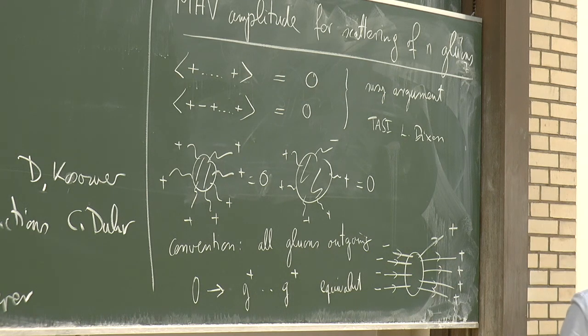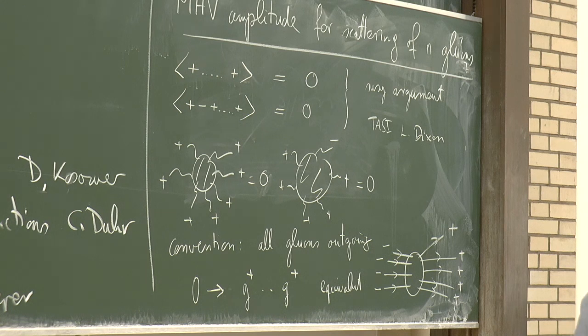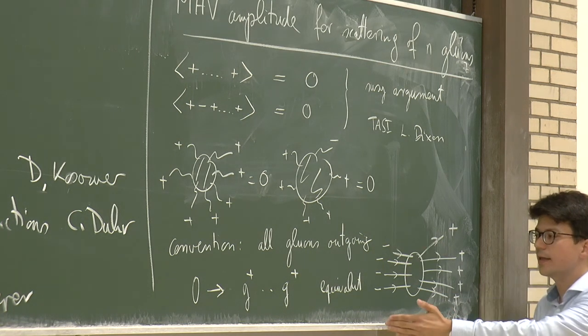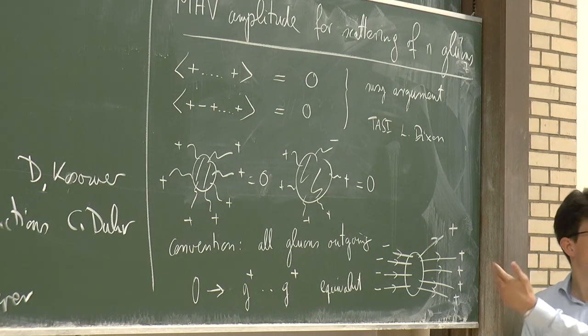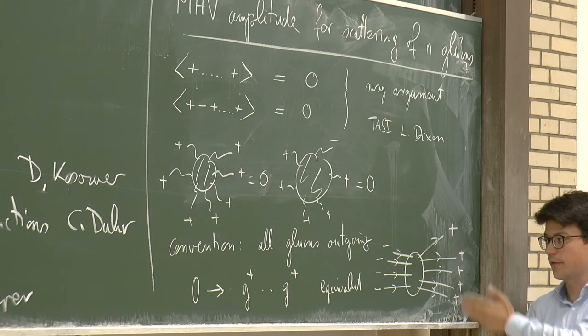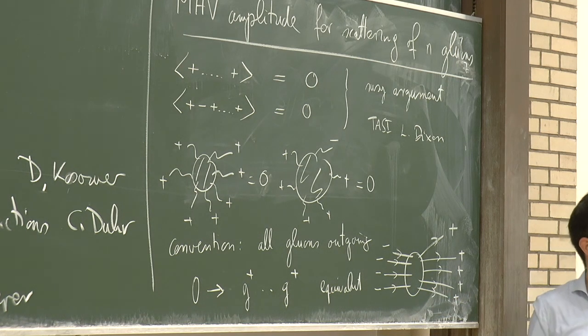So in this sense, if you look at such an amplitude, all the ingoing gluons have the same helicity, all the outgoing ones have the same helicity, but it's a differing one. So helicity has been flipped, and you could say in a maximal way.